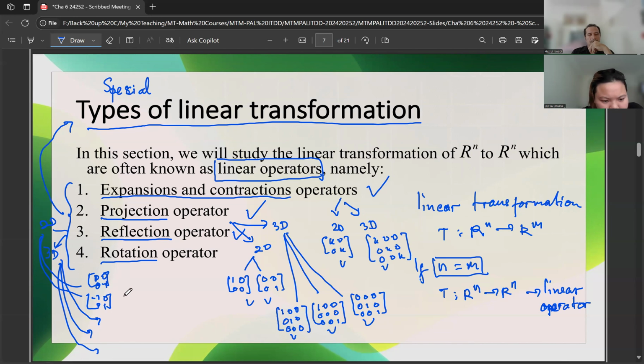Oh sorry, we have another matrix in two dimensions, 0, 1, 1, 0. And here we have 0, 1, 0, 1, 0, 0, 0, 0, 1, and so on. So you must know the pattern.